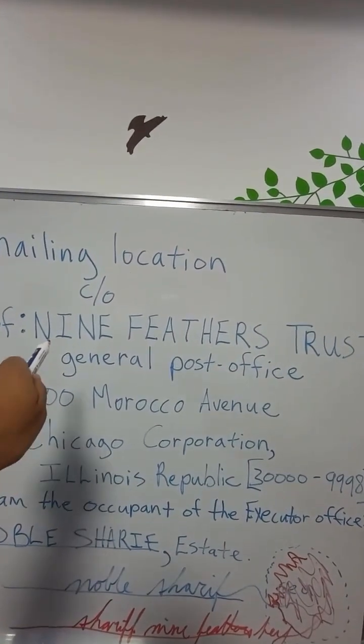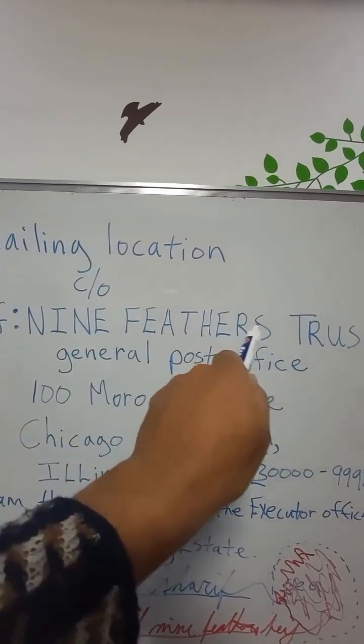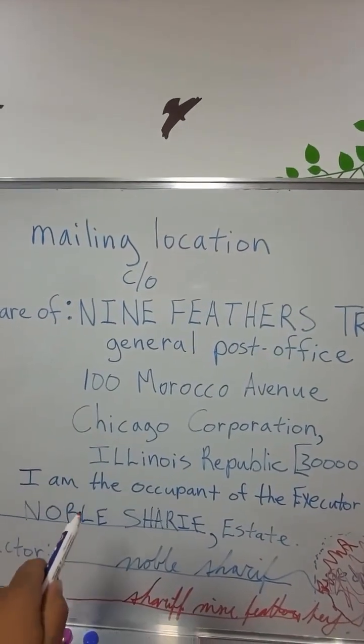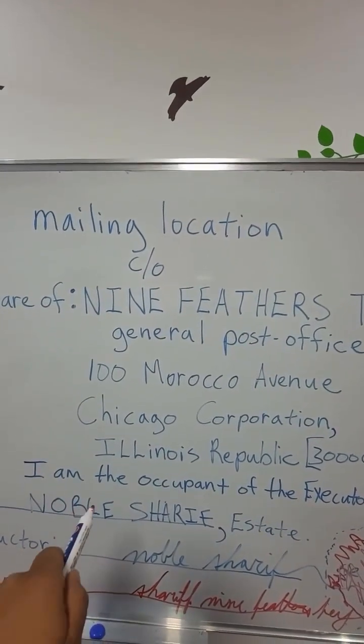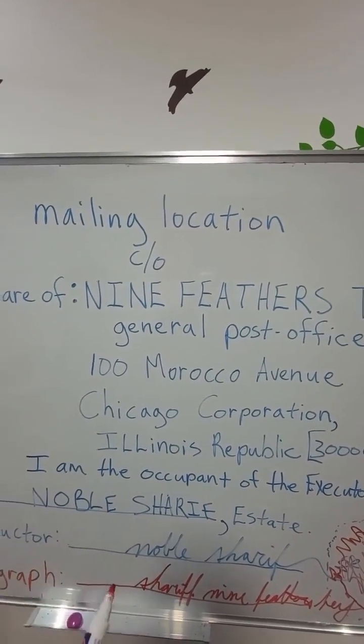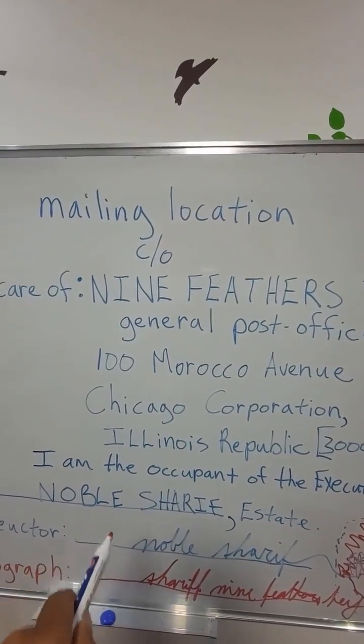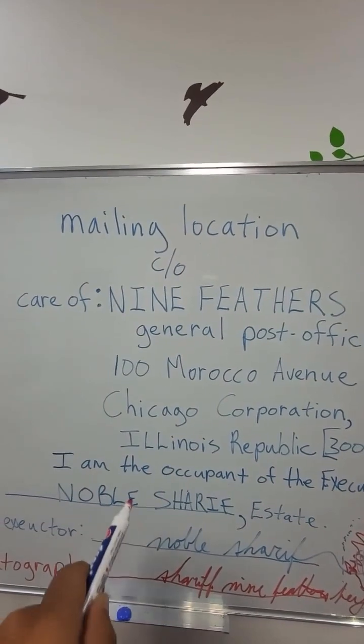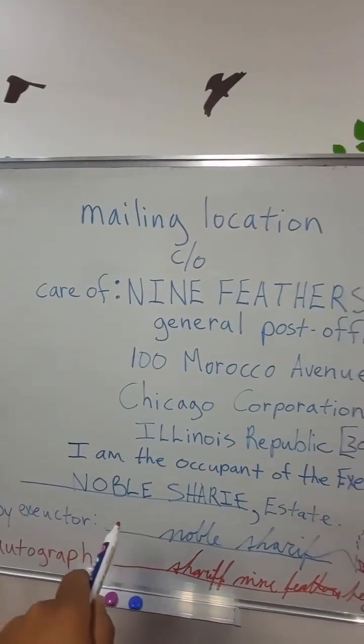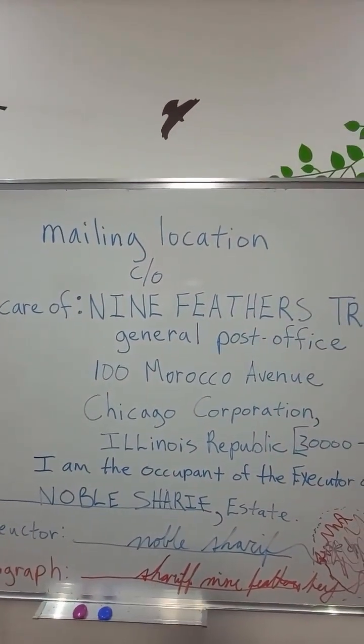You're going to be using the transmitting utility, your trust name, instead of using the straw. The straw is now dead, and that's why we put it here, to signify that it is dead, and that the estate of that straw is being managed by the executor.